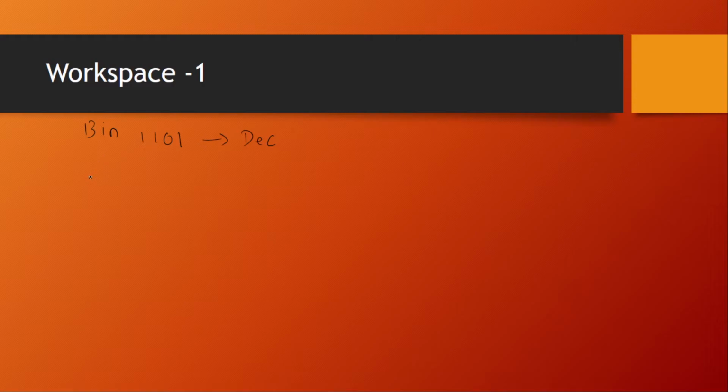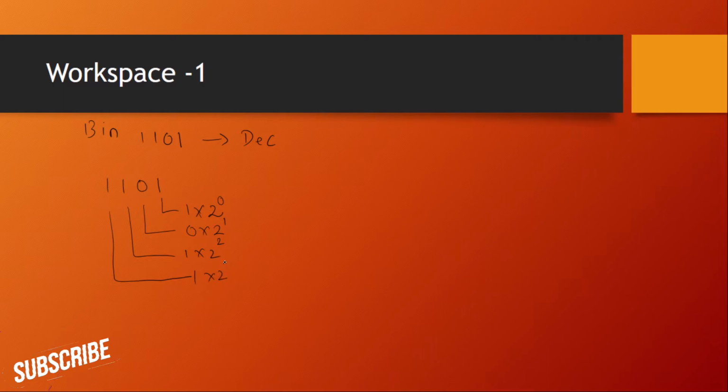I take the number as such, take the least significant bit, and multiply it with the source base value raised to the power 0. Then I take the next bit, multiply with the base value raised to the power 1. Next bit, multiply with the base value raised to the power 2. And the last bit raised to the power 3.